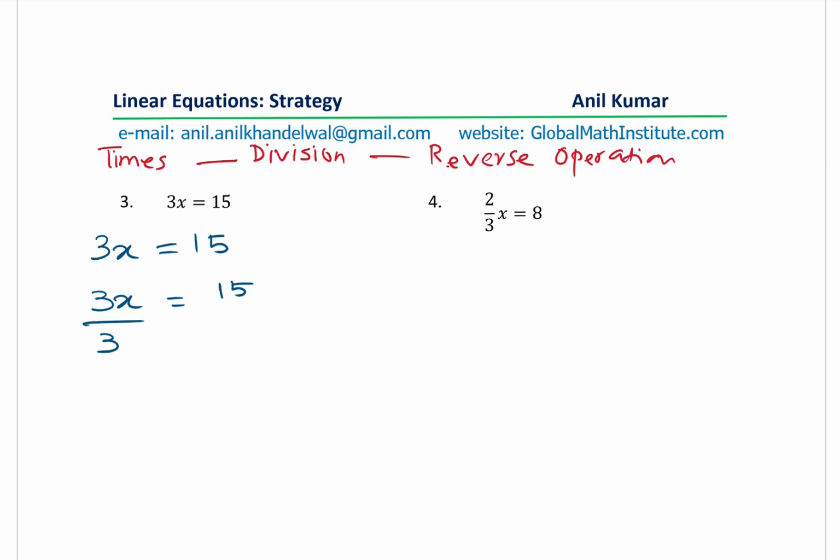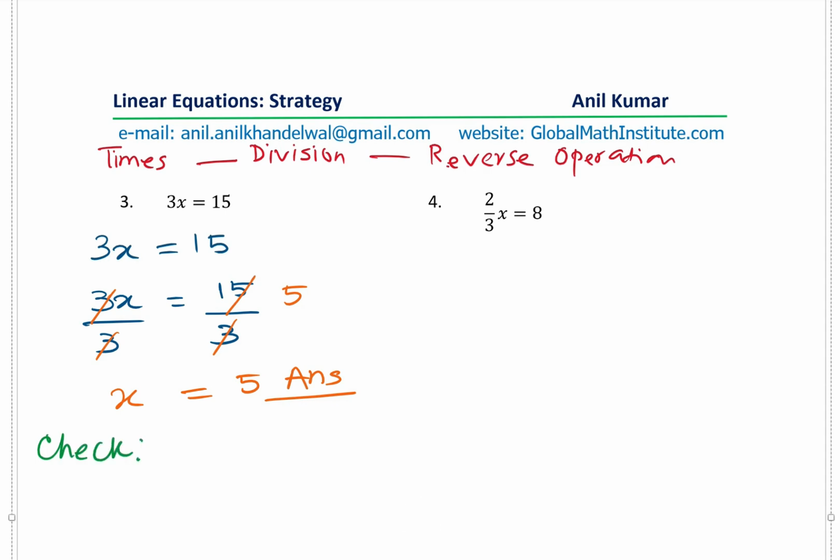If I divide by 3, we can get rid of this extra 3 as coefficient of x. And on the right side, we get 5. So we could write this as x equals 5 as our answer. Is that clear? Now once again, let us try to check our result. Check really means we substitute the value of the answer on the left hand side.